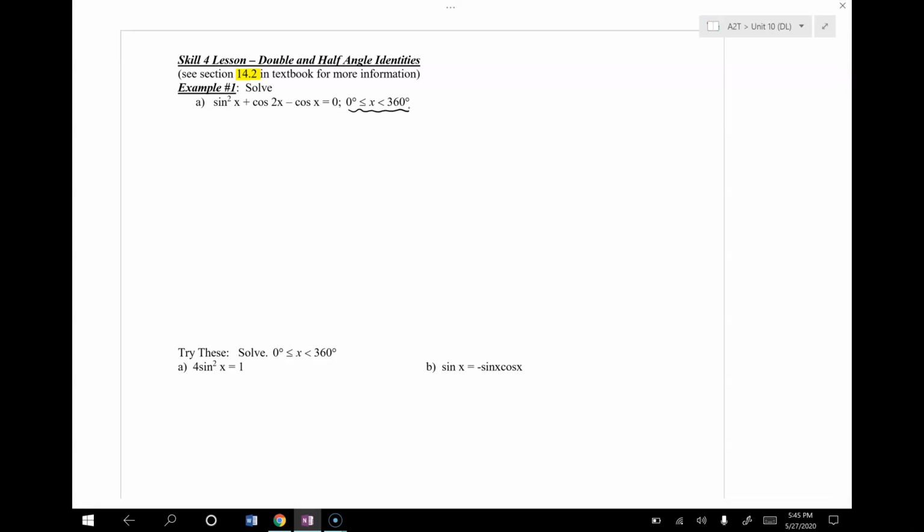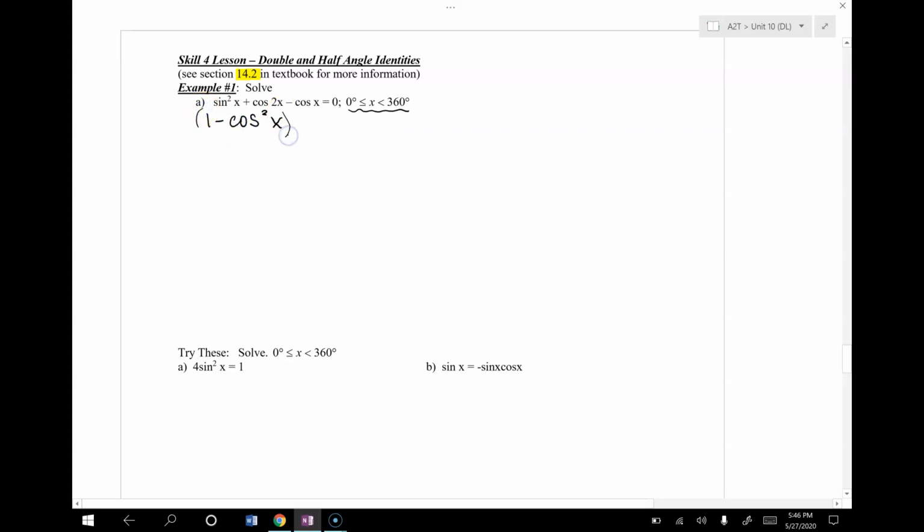I see sine squared, I see a cosine double angle, and I see a cosine of x. I don't want to solve for various trig functions. If I can, I would like to keep it consistent. I would like to keep it the same. So right away, I know that I can change sine squared to be 1 minus cosine squared of x.